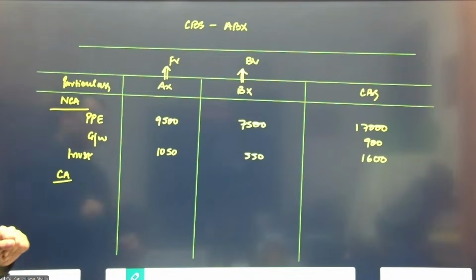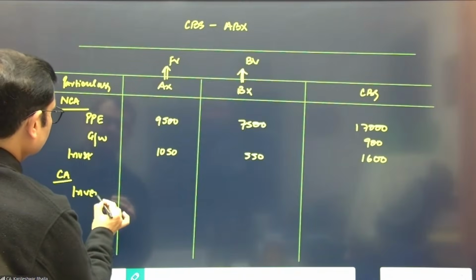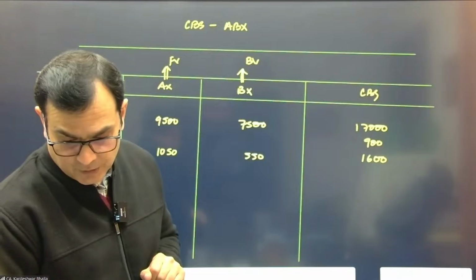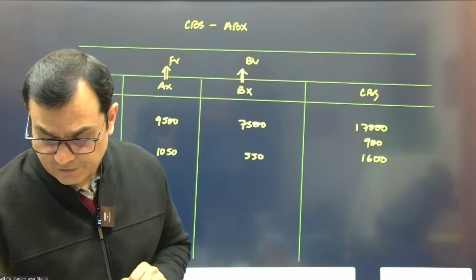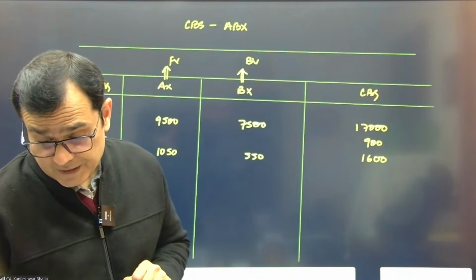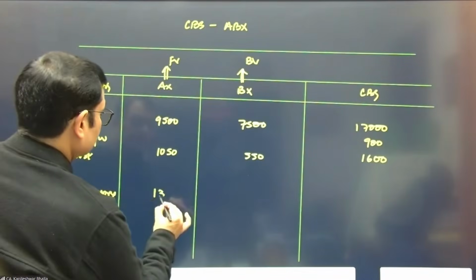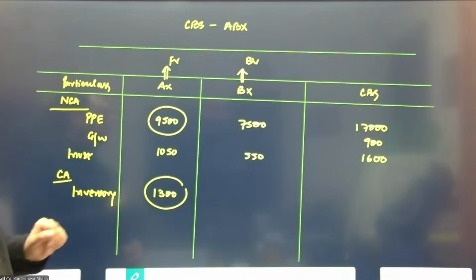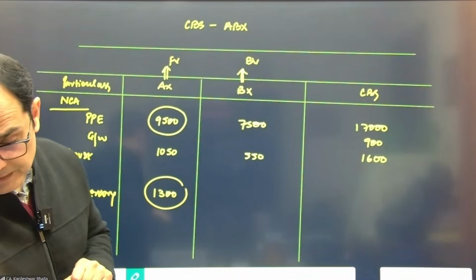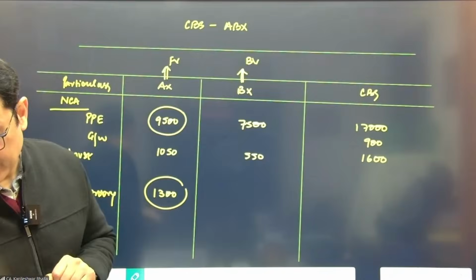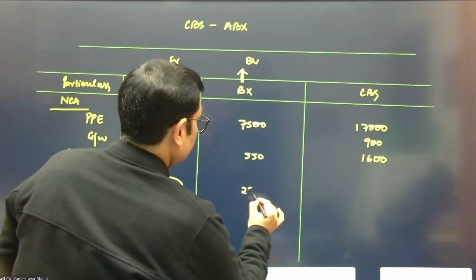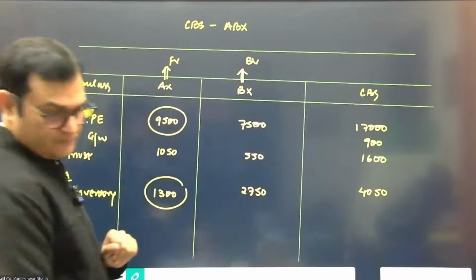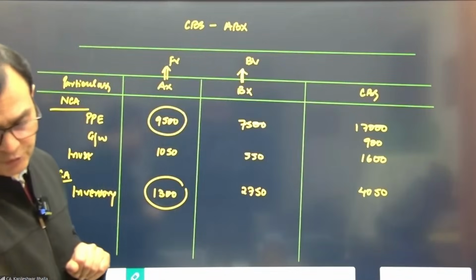In the current assets we have inventory. Inventory of AX has a fair value, which is to the extent of 1300. So these are the only two items where the fair values are given. Rest we are considering the book values itself. So inventory is appearing at 2750. That works out at 4050. And then the next item is trade receivable.